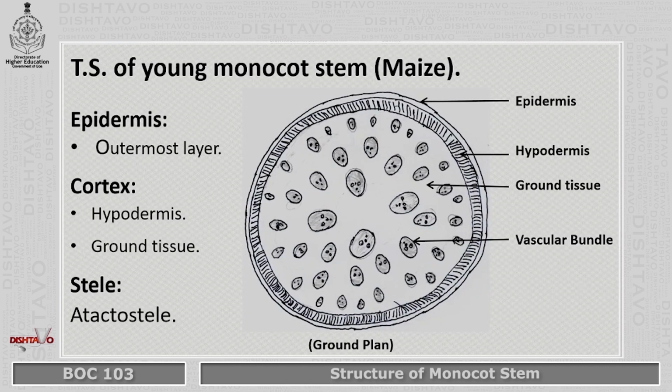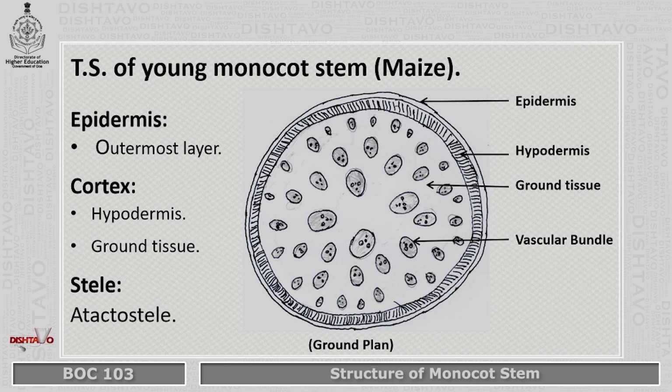When we look at the ground plan or outline of tiers of young monocot stem, here we have taken up example of a young monocot stem. We see outermost layer as epidermis. Epidermis is followed by cortex. Cortex shows few layered hypodermis and rest of the tissue is ground tissue.